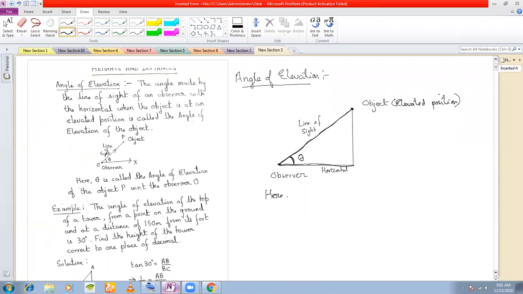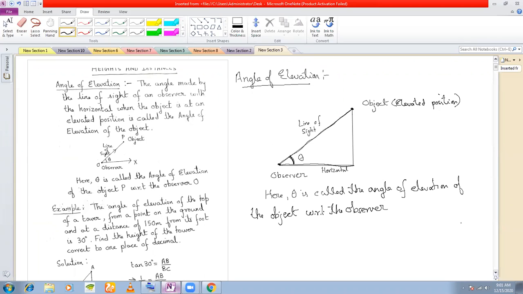So here theta is called the angle of elevation of the object with respect to the observer. Okay, so this angle theta is called the angle of elevation.